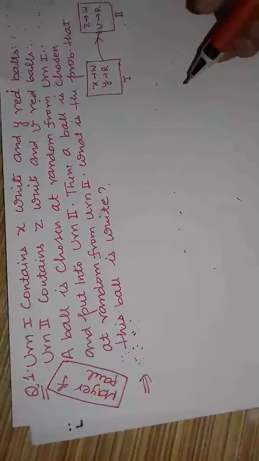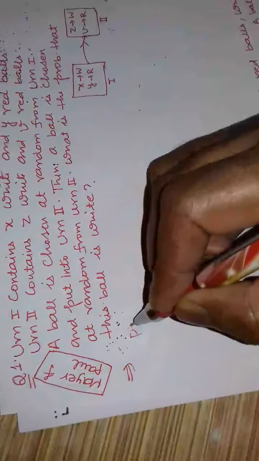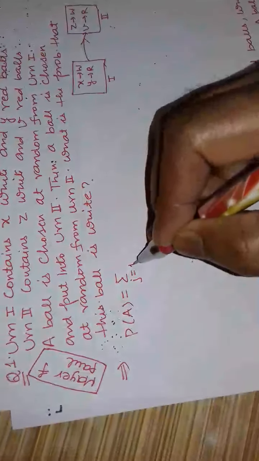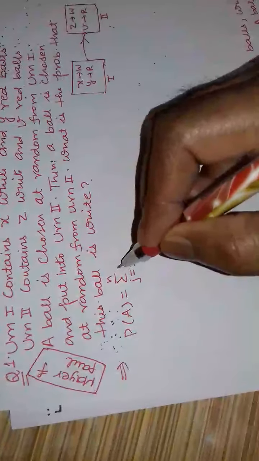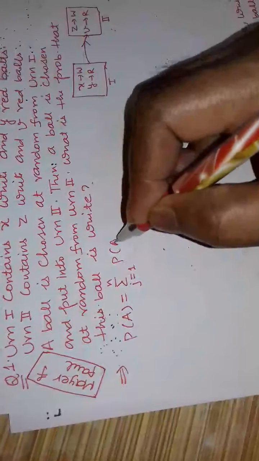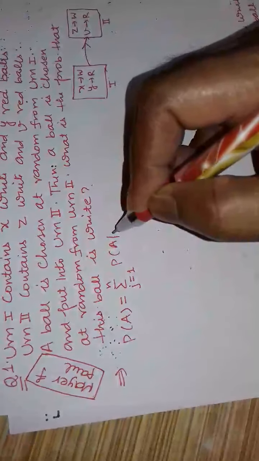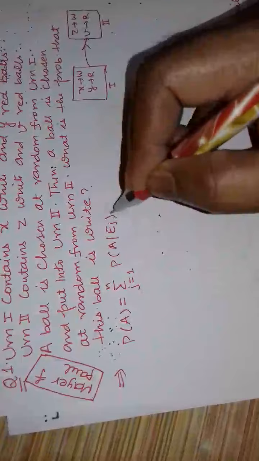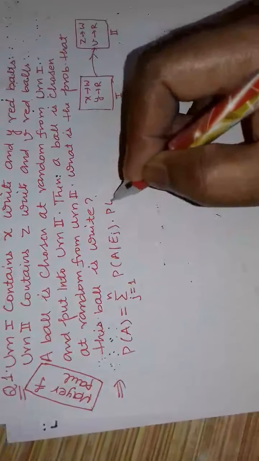So what is the total probability theorem? It is the probability of occurrence of any arbitrary event A. This is equal to the summation, j is equal to 1 to n, suppose we have n events, of the probability of A given Ej into probability of Ej.